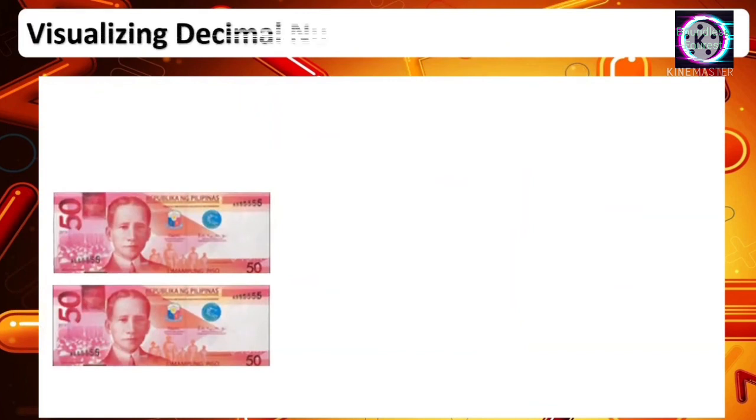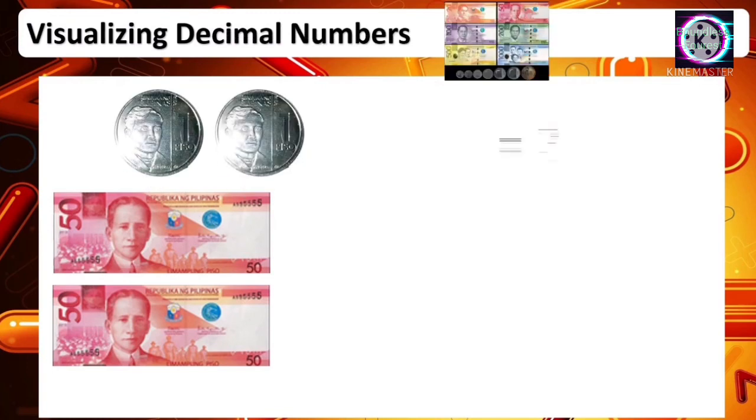Now, another example is this. What if I have 1 peso coin and another 1 peso coin? So this is equal to 2 pesos or 2 as a whole number. If I'm going to add 1 25 centavo coin, this is where I'm going to show a decimal number. So I'm going to use 0.25.